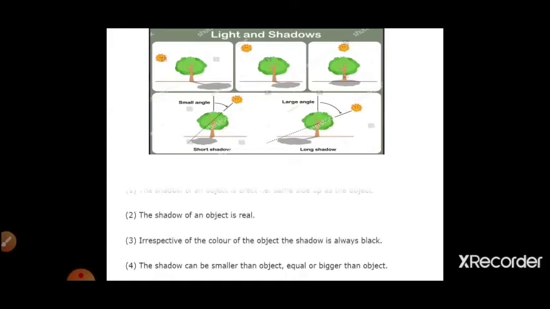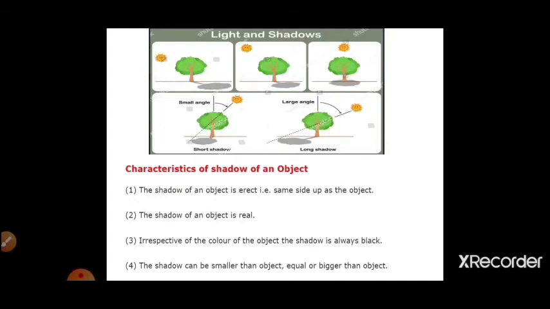Now these are the most important characteristics of the shadow of an object. The shadow of an object will be erect, that means up is up only, down is down. If you are standing, your head will be up, it is not opposite.